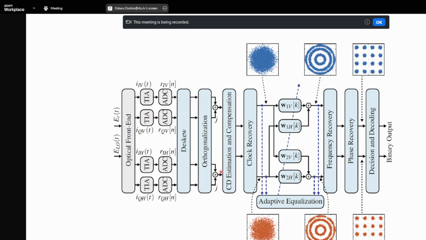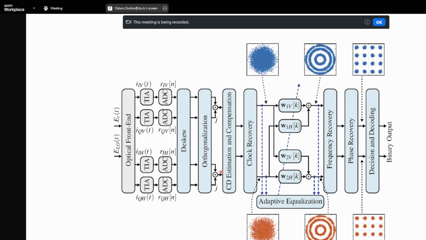And why this is so important is that when you get the phase part, then you can do more accurate, for example, chromatic dispersion estimation and compensation. So basically, this is the reason why coherent communication systems became very widespread.